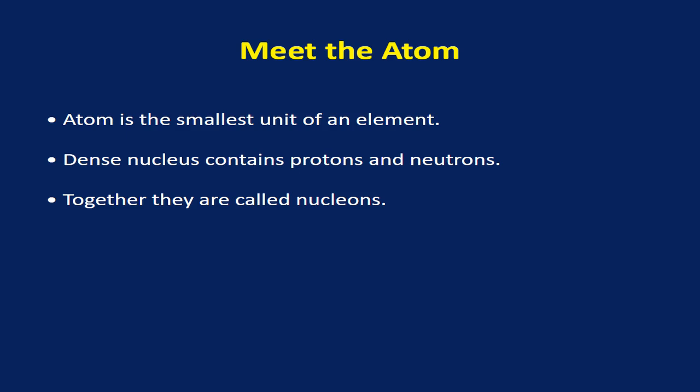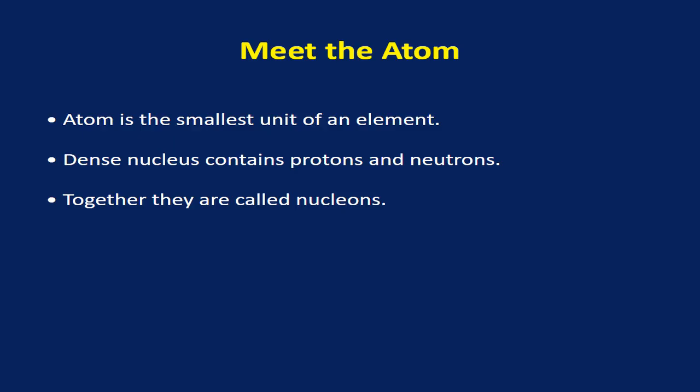Meet the atom. To understand radiation, we must look at the atom. The atom is the smallest building block of any element. Whether you are looking at a piece of gold or the air you breathe, it is all made of atoms.